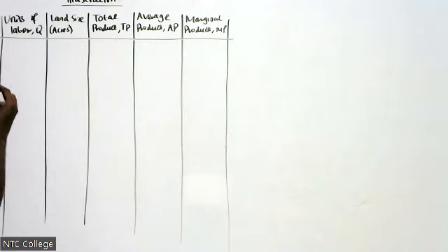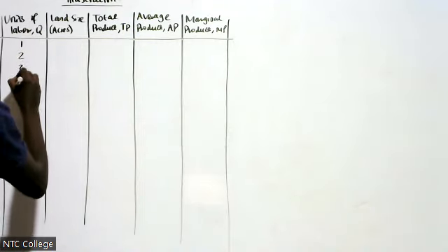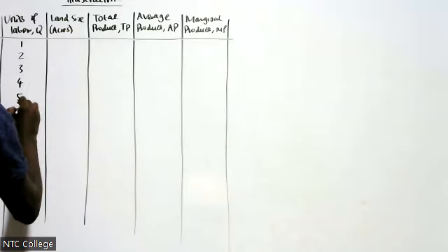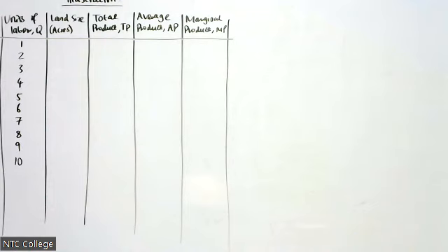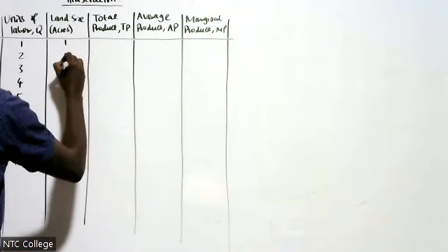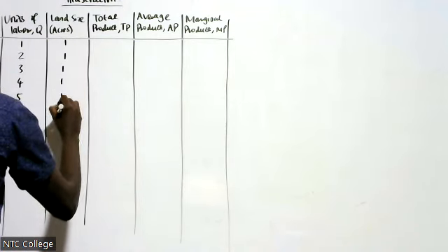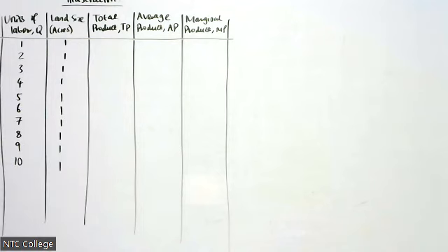So we'll have 1, 2, 3, 4, 5, 6, 7, 8, 9, 10. Land size, I've told you, will be a constant. This one will not change at any level of production. 1, 1. We're talking about production within 1 acre of land.